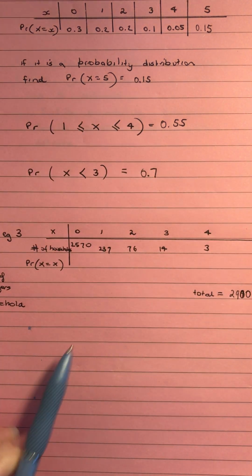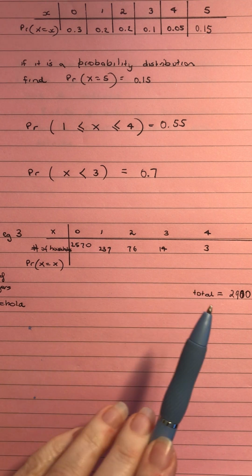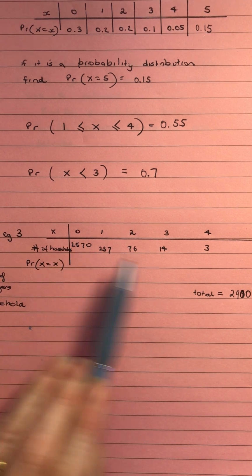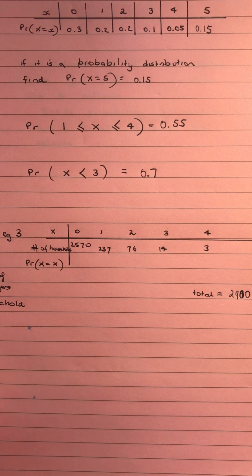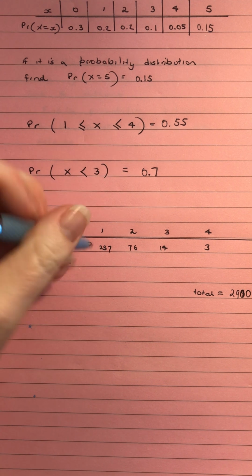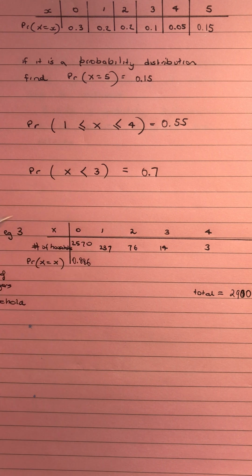That means we can then work out our probability by doing the number that we have divided by the total. So I'll grab the 2570, divide that by 2900, and I get 0.886. Then I've got my 237 divided by 2900, and I get 0.0817, so I'll round that to 0.082.